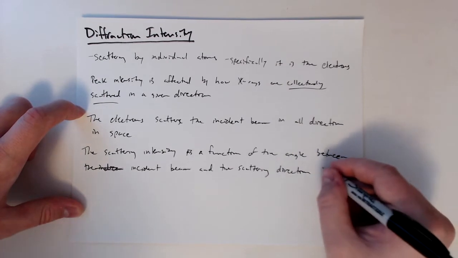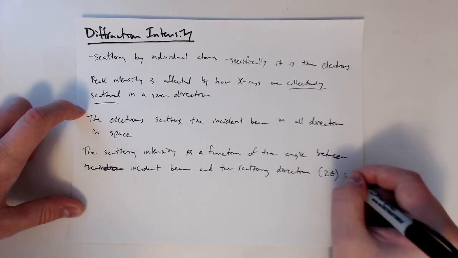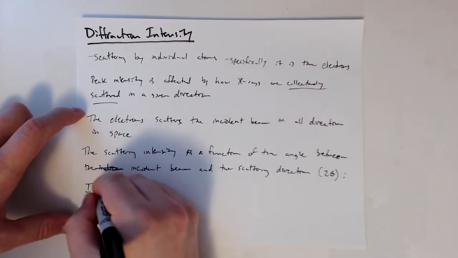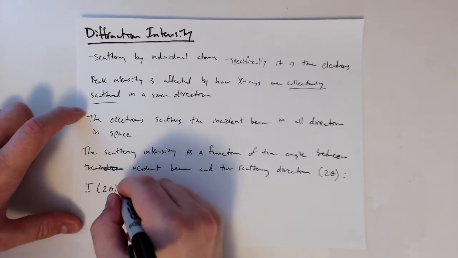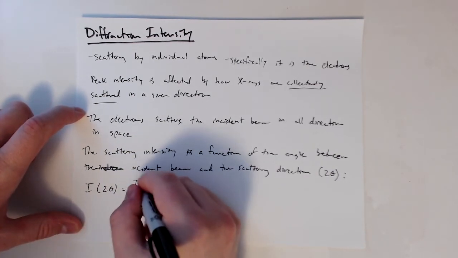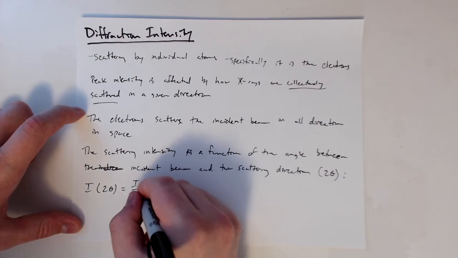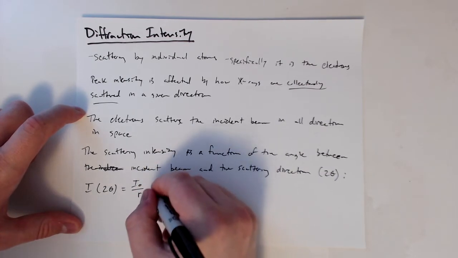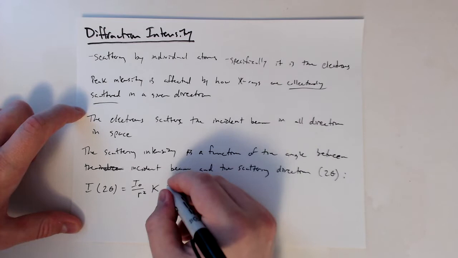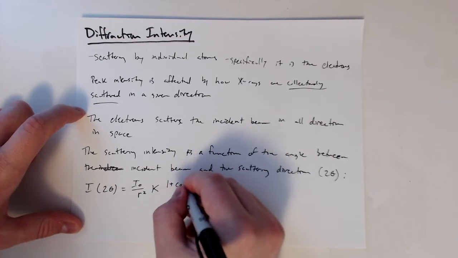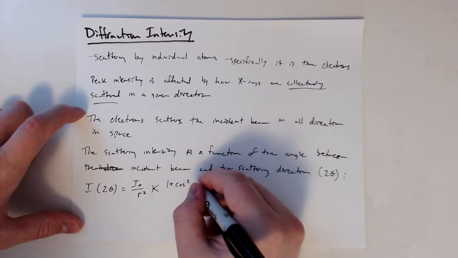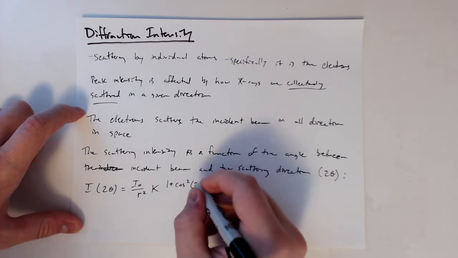And we're going to call that 2 theta. So the intensity as a function of 2 theta is going to be equal to I naught over R squared times capital K, and then times this function of the angle.